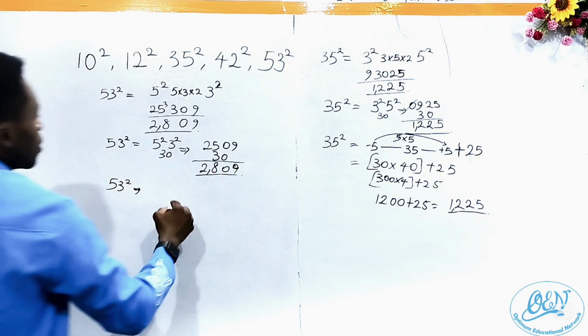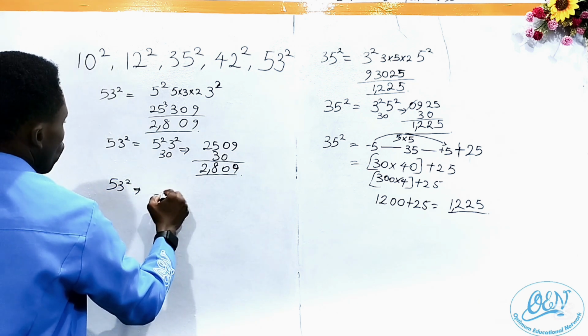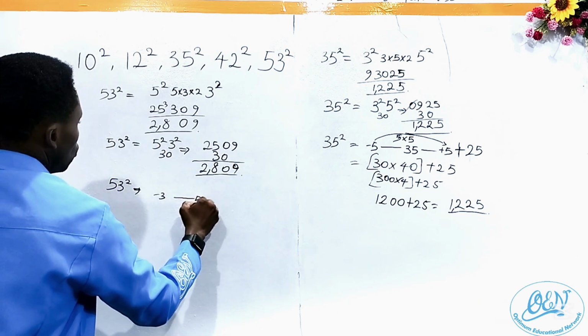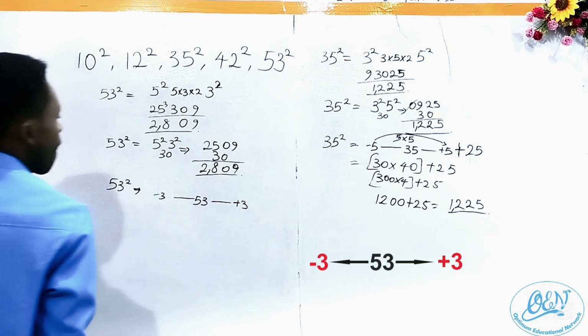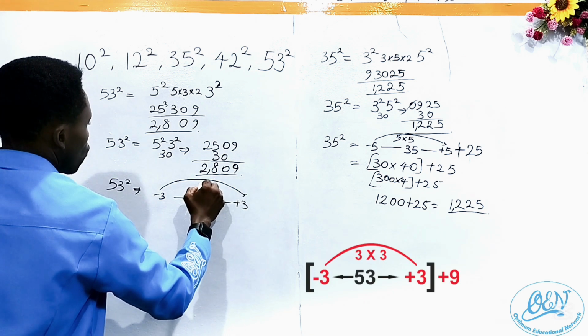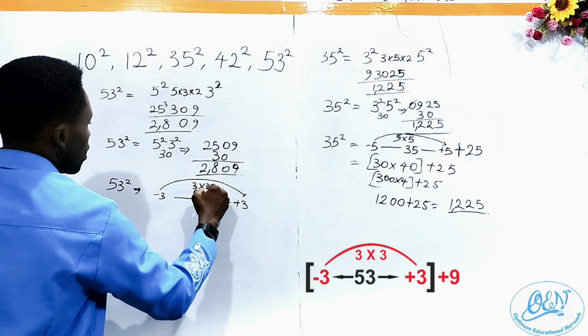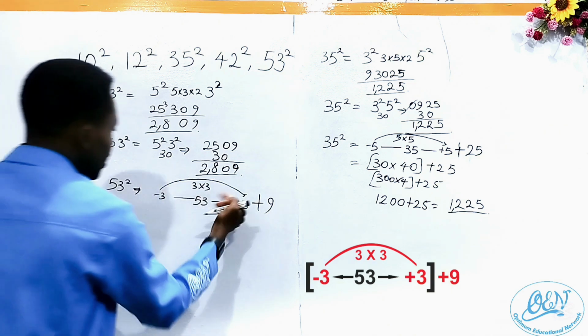So I have this method for 53 squared. So let's put it on a number line. So I can have minus 3 to 53 to plus 3. So I multiply these two. I have 3 times 3, so I have plus 9, neglecting the signs.